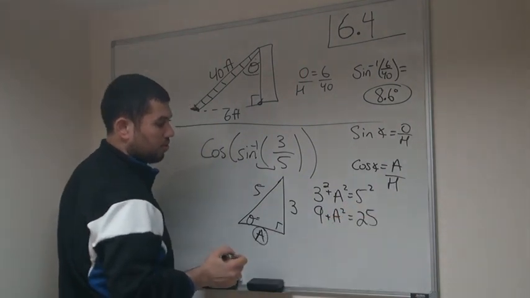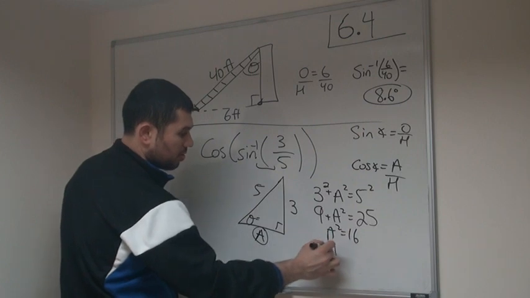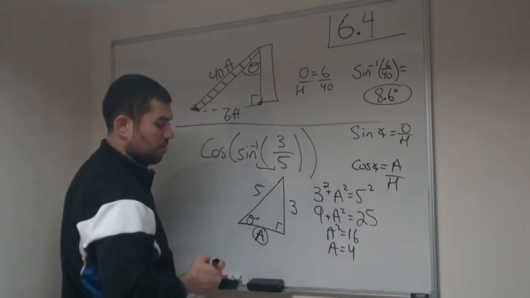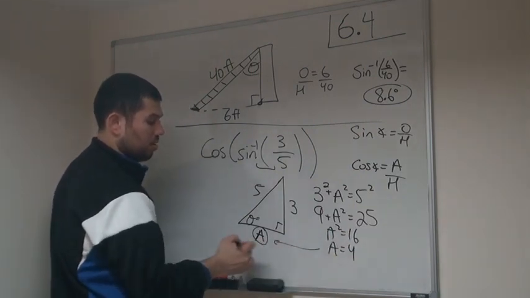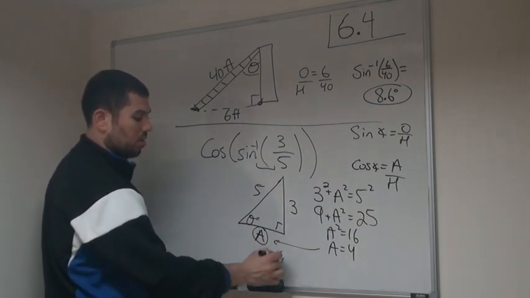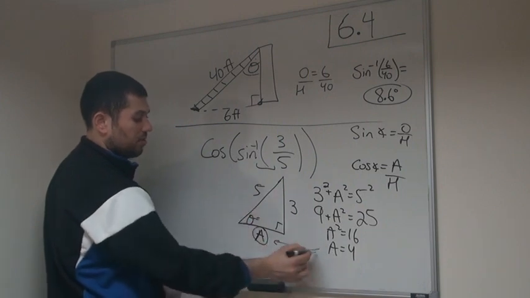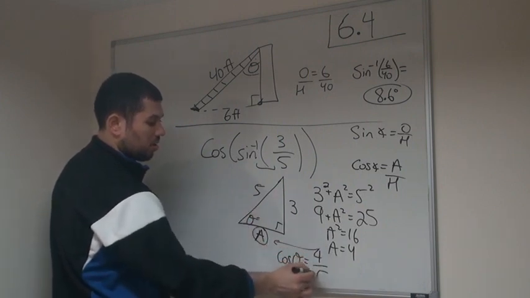Nine plus a squared is 25. A squared is 16. So a is 4. If a is 4, cosine of theta should be adjacent over hypotenuse. 4/5.